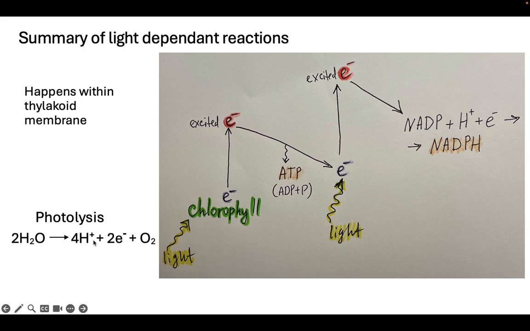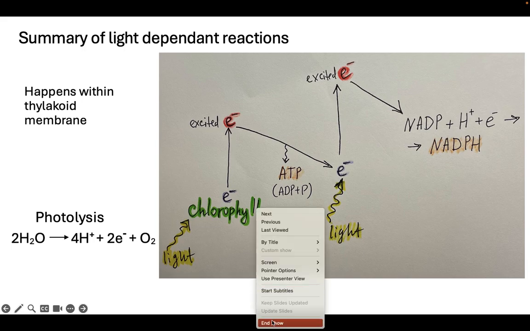So the electron is going to go and rejoin chlorophyll and replenish the electron or electrons which were lost, whereas the hydrogen ion is going to go all the way to that reaction here to produce that substance NADPH. Okay, so it looks pretty complicated, and I can appreciate that.